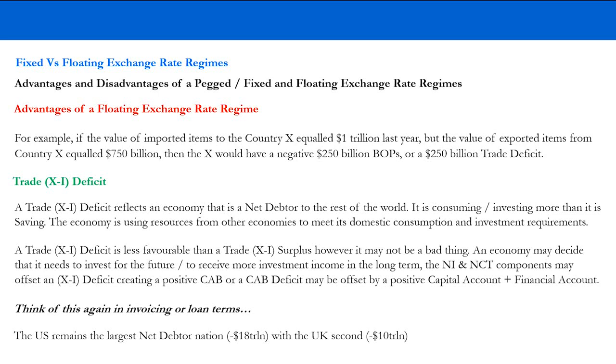So the current account balance deficit or surplus that can be created by exports minus imports can actually be offset by long-term investment, and that can be from the NI and the NCT components, and it can create an overall current account balance. So it's not necessarily a bad thing, but it's obviously less favorable than a trade surplus.